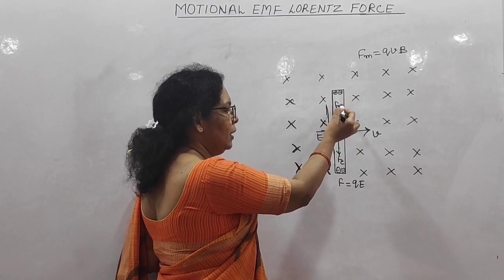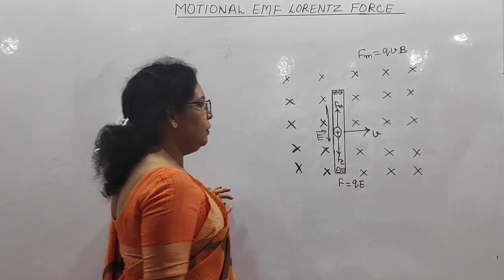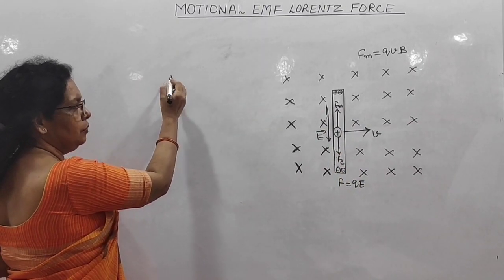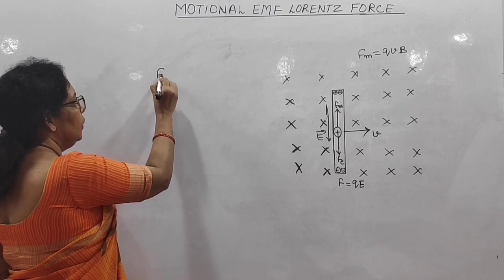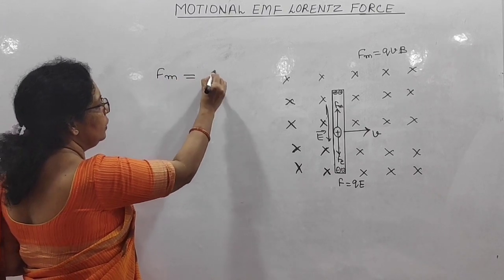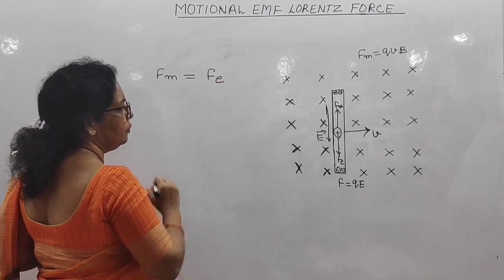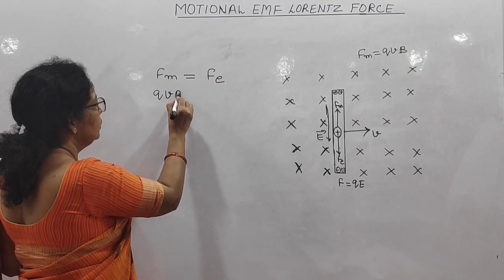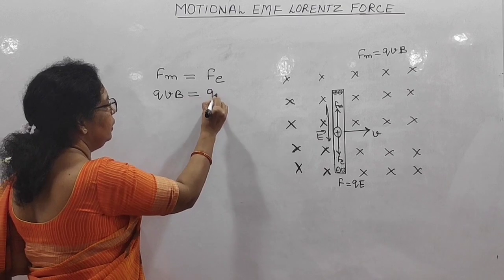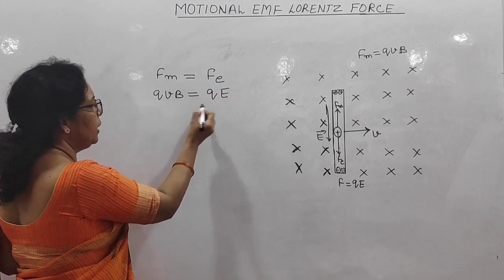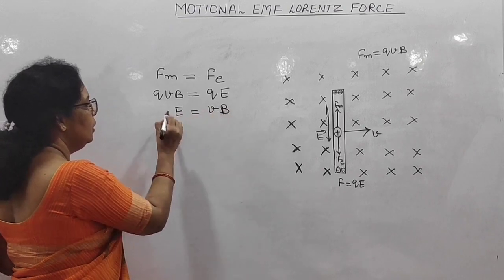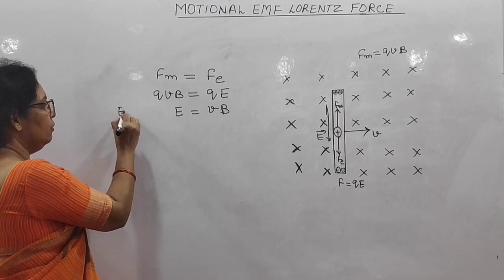So a condition comes when Fm will be equal to Fe, the equilibrium condition. Fm is QvB and Fe is QE. Q cancels, so we get E = vB. E is the electric field here.